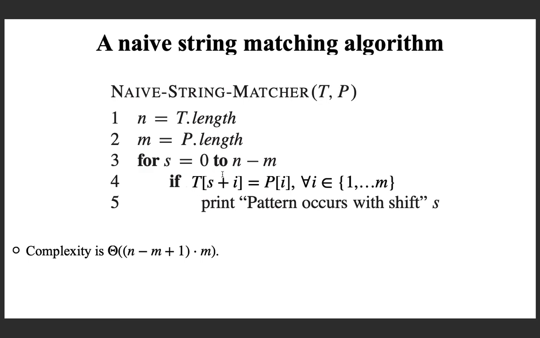It is checking whether T s plus i is the same as P i. So that is the pattern matching. That is exactly the pattern matching. And so this goes for m times within a loop, which goes for n minus m plus 1 times, and that is why the complexity is taken as this.